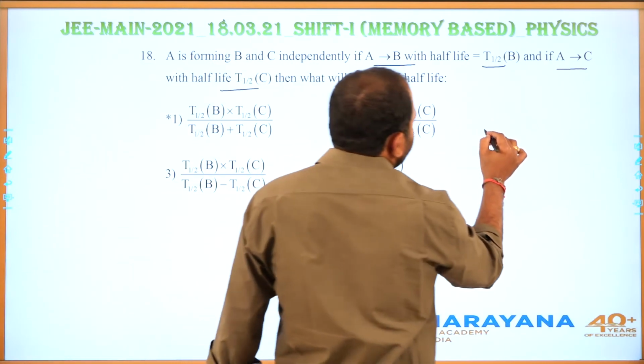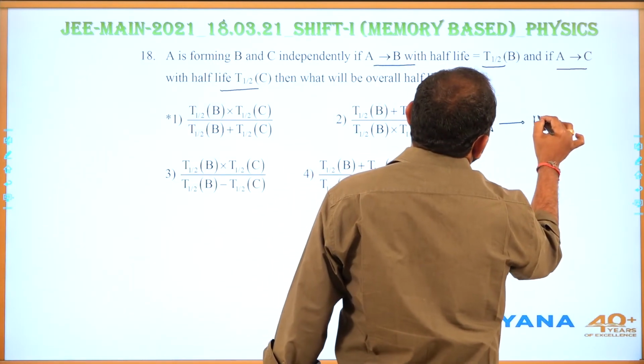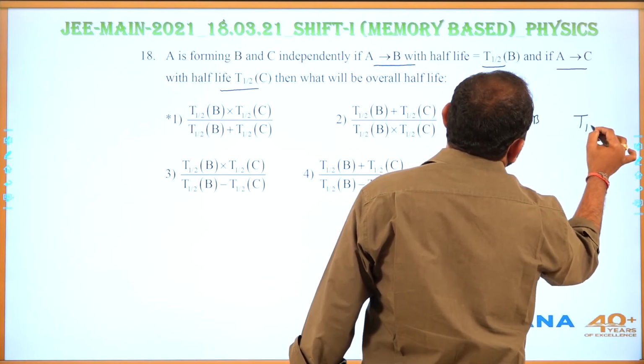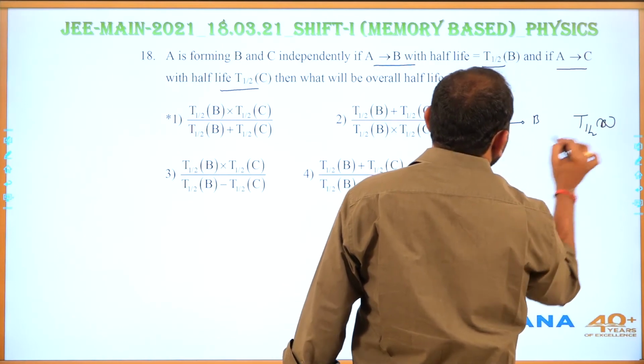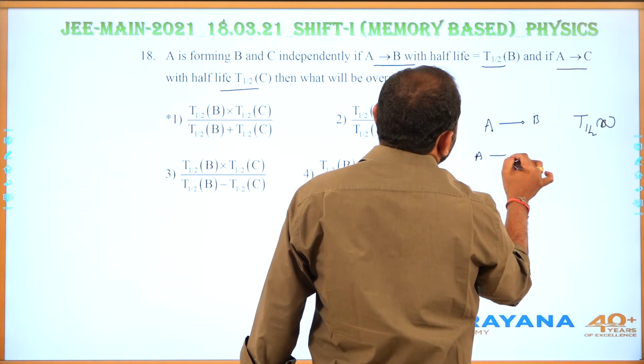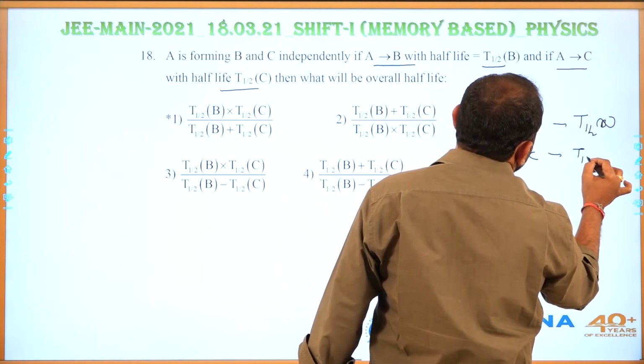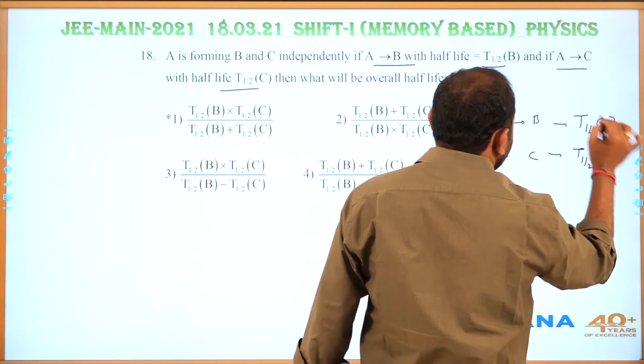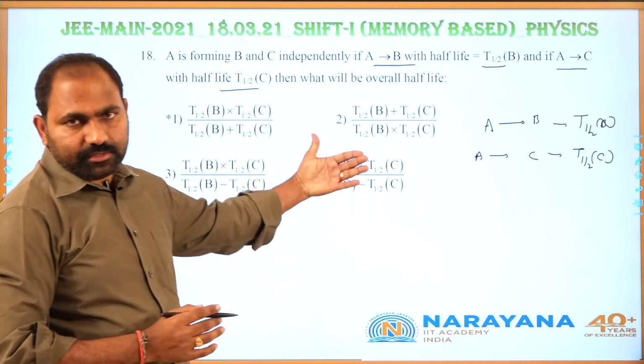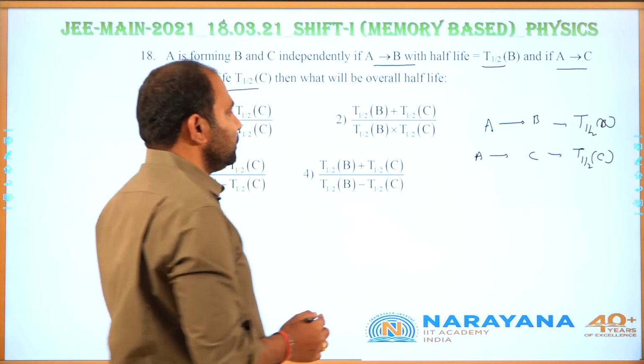It is given that A is producing B with half-life T half B. A is also producing C separately with half-life T half C. He is asking for the effective half-life of A.